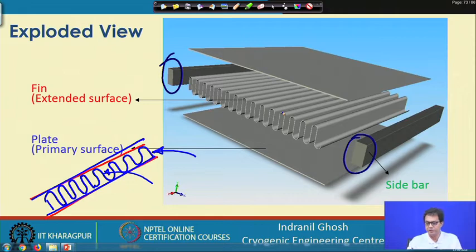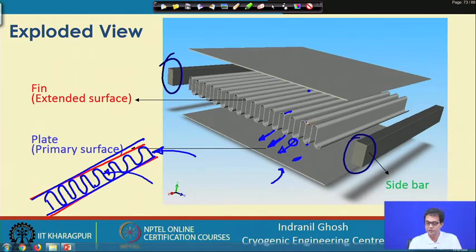Now, you can understand that each of these surfaces has to be adhered to this plate, and this one has to be adhered to this plate. To have a good thermal joint, we need a good thermal contact between these two, otherwise when the heat is getting transferred there would be a resistance between this fin and the plate. That is not desirable.